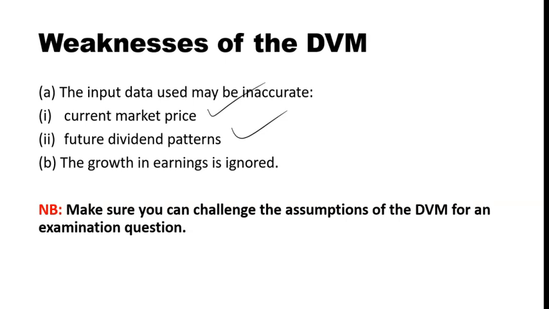So we are usually overusing assumptions. There are a lot of assumptions related to the use of the DVM. It also ignores the growth in earnings, the rate at which the earnings are growing. So make sure you can challenge the assumptions of the DVM for an exam question. Do not leave the exam question blank.